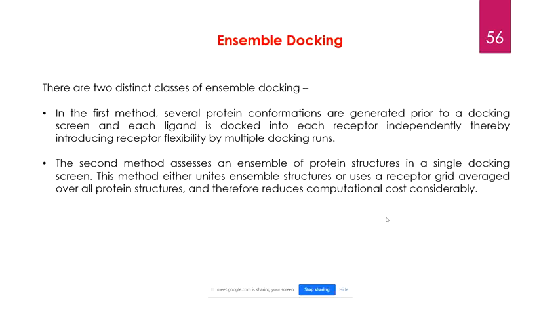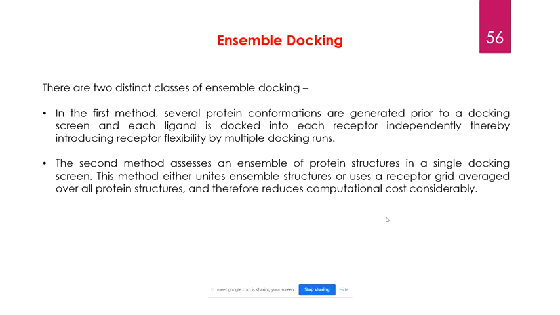And what is the other way? The other way is to take the average of all the different conformers and then to see whether they are able to bind to a particular region or not.